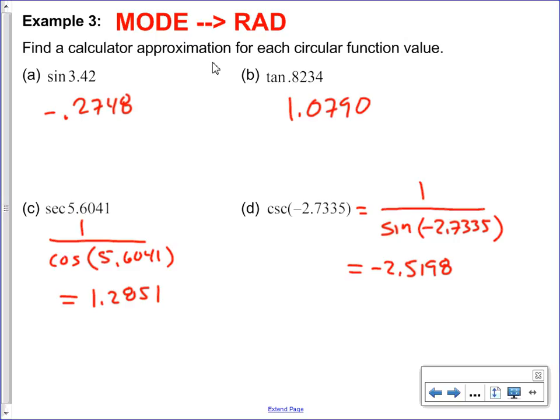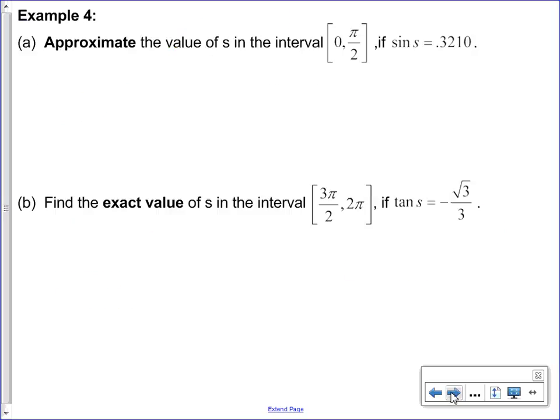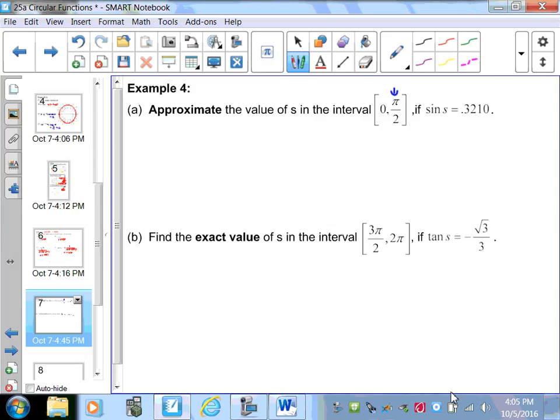Okay. Last thing. Let's go backwards. If you know that the value is 3.3210, what was the radians for that one? It's really important to know that when you're using a calculator, the approximate value for pi over 2, if you just go pi divided by 2 in your calculator, let me show you.